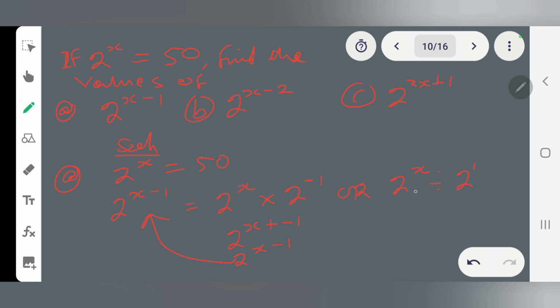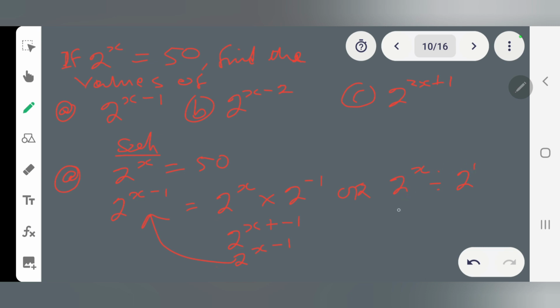Also, when you look at 2 raised to the power x divided by 2 raised to the power 1, according to the law of indices, whenever we have equal base, like 2 here and 2 here, and we have a division sign in between them, then we need to subtract the exponential terms.